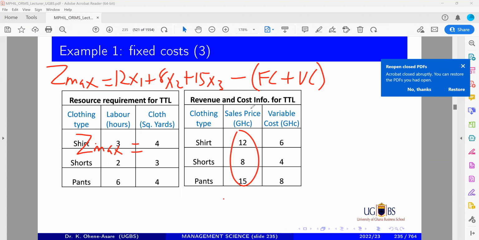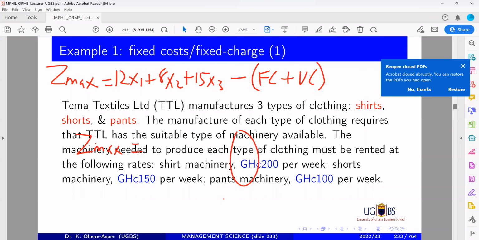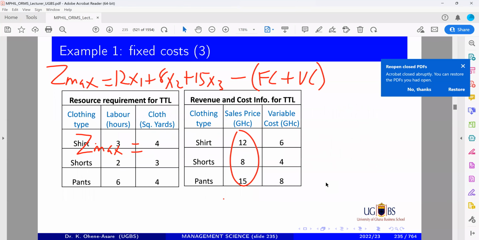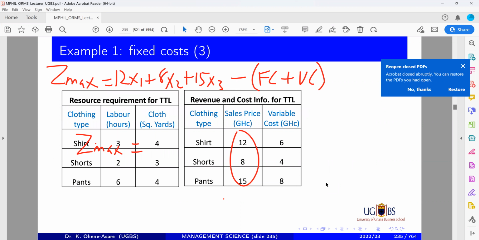What was the fixed cost? Well, the question gave us the fixed cost. We are told that each week, the shirt machinery, which is a fixed cost, is 200, short machinery is 150, and pant is 100. So how will you incorporate that? You cannot just write 200, 150, and then 100.